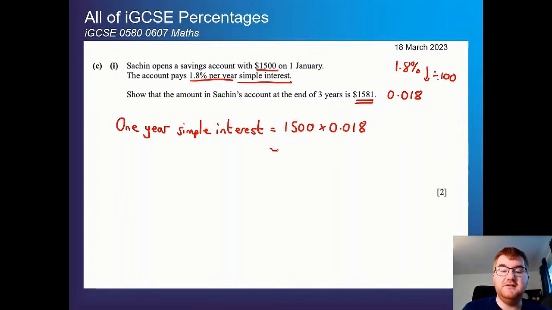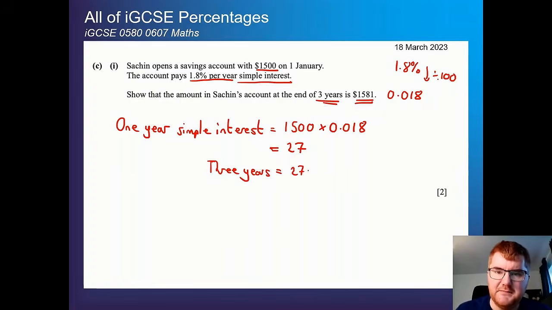So we can pop that into the calculator, and that's going to give us 27. However, we want 3 years of interest here. So 3 years is going to be taking that previous answer and then just timesing that by 3, which then gives us 81.